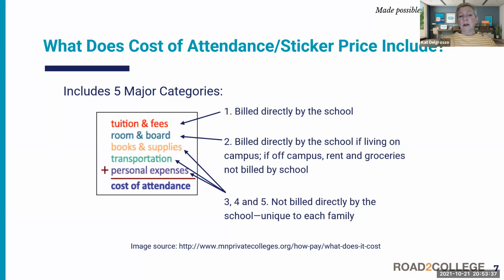And then they might break out room and board by different dining plans and stuff. It can get almost too much to look at that whole page and think, okay, wait a minute, what's my cost? I don't know what my cost is.